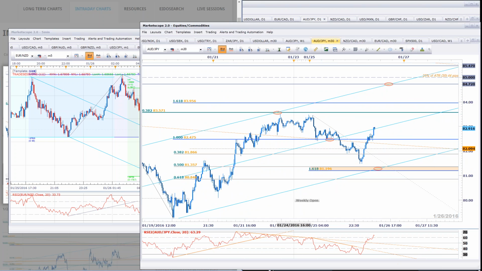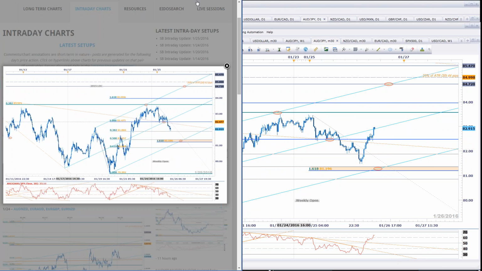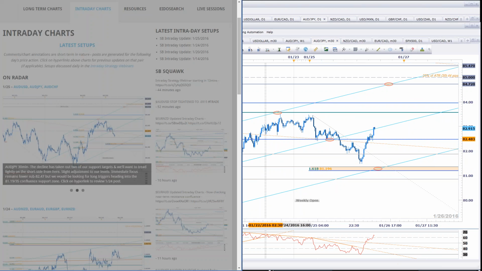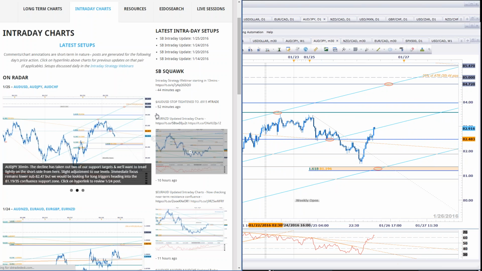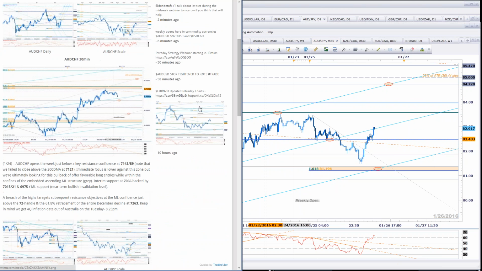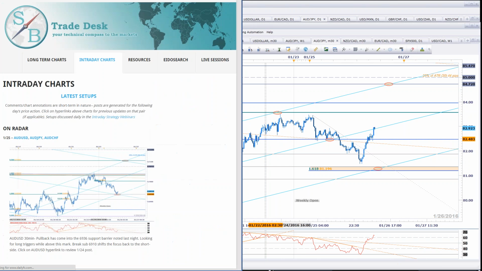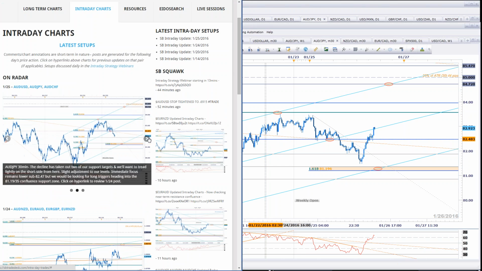Anyway, back to business. All right, so if there are no other questions on Aussie yen, the other setup from last night that we were following, again, this is from Sunday, is Aussie Swiss. So Aussie Swiss looks like this.